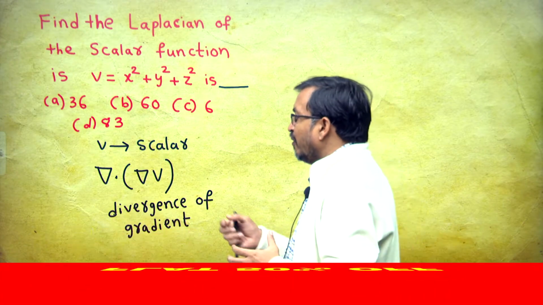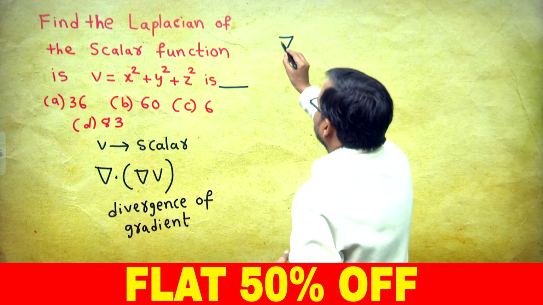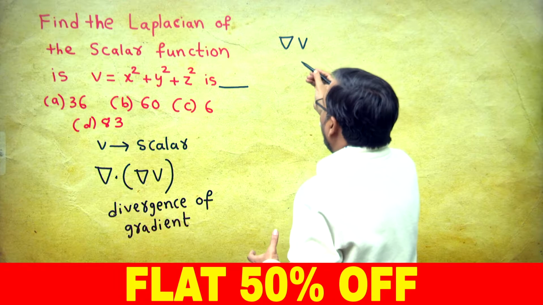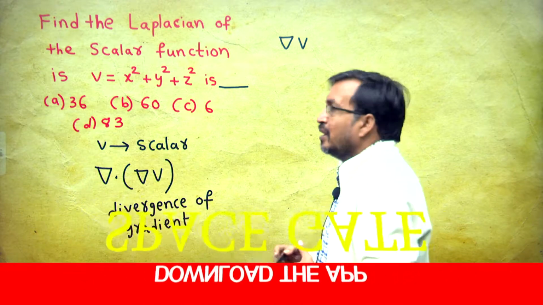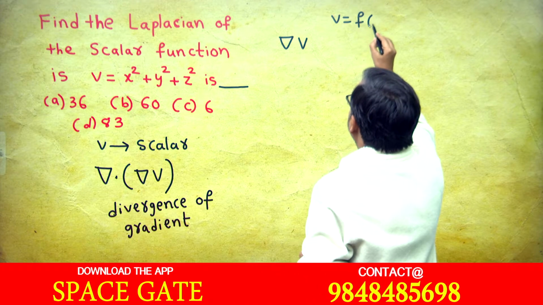So, first I am finding del v. Here v is a function of x, y, z.